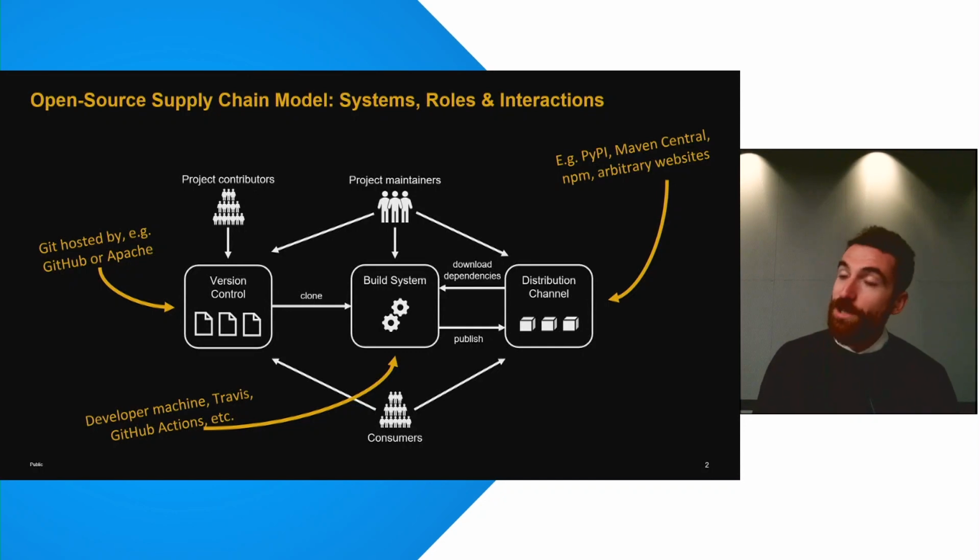Then we have project maintainers that typically administer the entire project, and they can review these changes and accept or refuse them. Then the source code is cloned into the build system to be built, so that at the end of the chain there is a pre-built version of the software hosted on common distribution channels like package repositories such as PyPI and NPM.